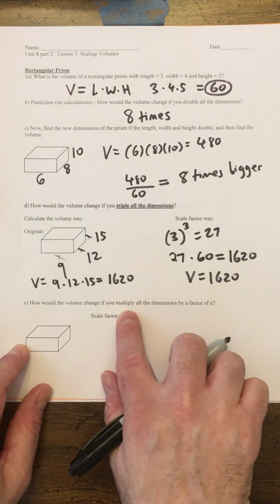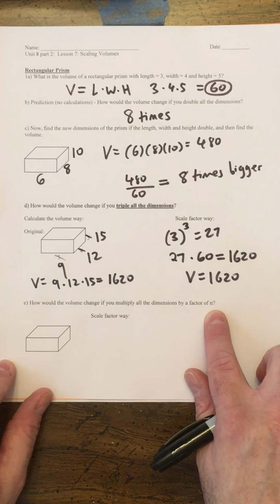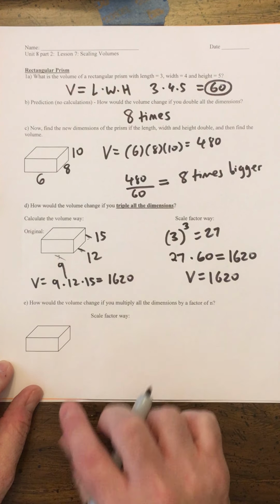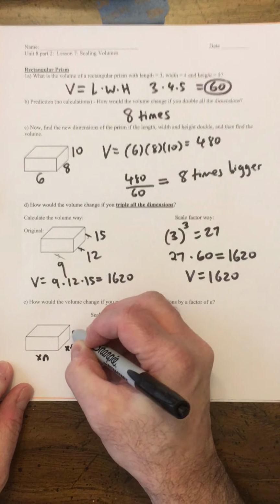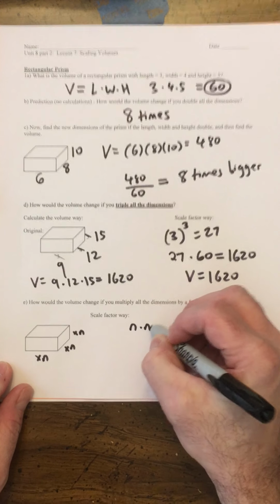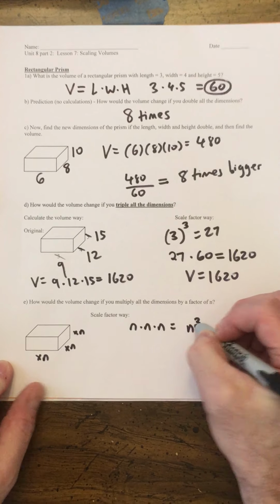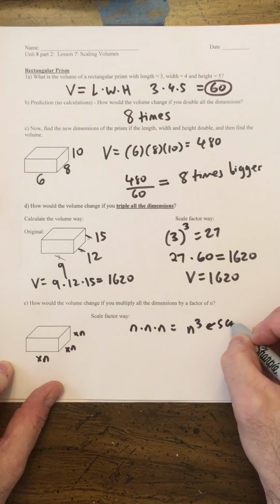So how would you change the volume if you multiply all the dimensions by a scale factor of n? Every side is being increased by n times, by n, by n, by n. So it's going to be n times n times n, which is n cubed. N cubed is our scale factor.